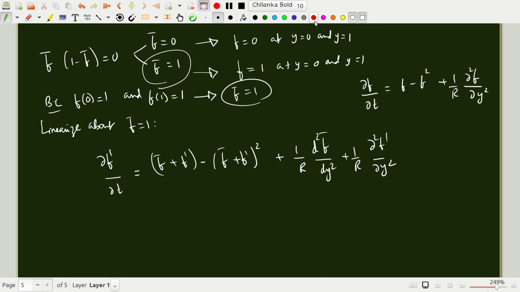So, this is 1 plus f prime minus, if I expand this with f bar equal to 1, (1 plus 2 f prime plus f prime squared), plus 1 by r. Now, the f bar derivative term will become 0 because f bar is 1, its derivative is 0.